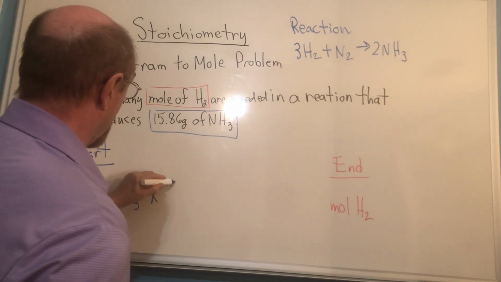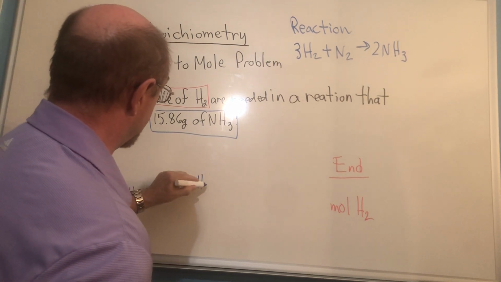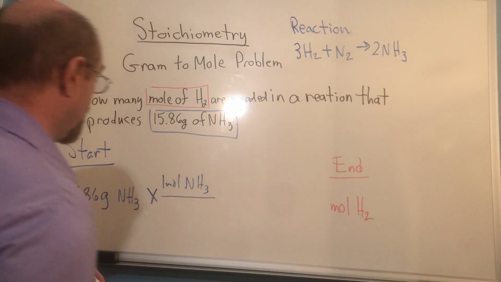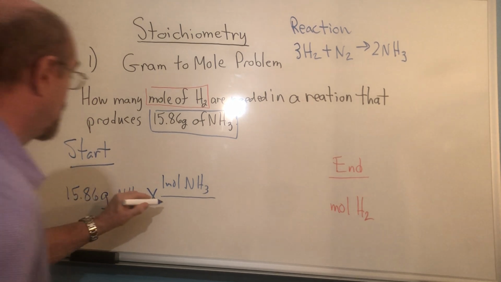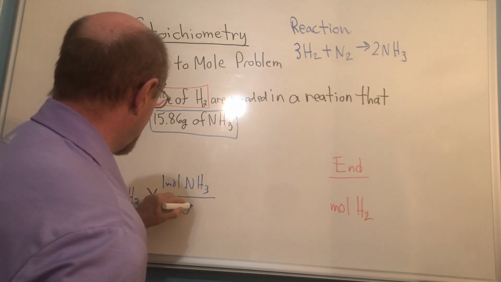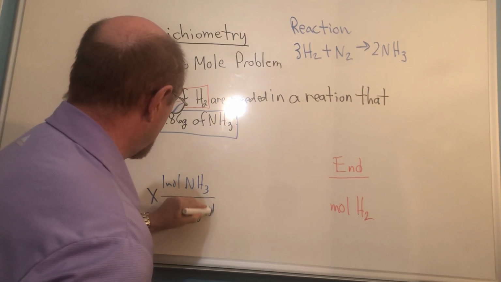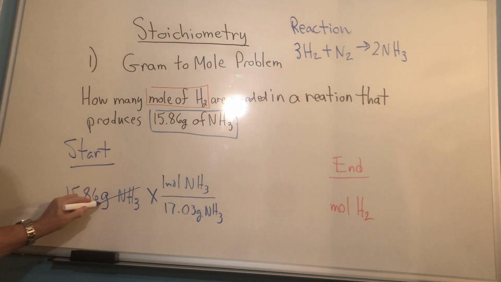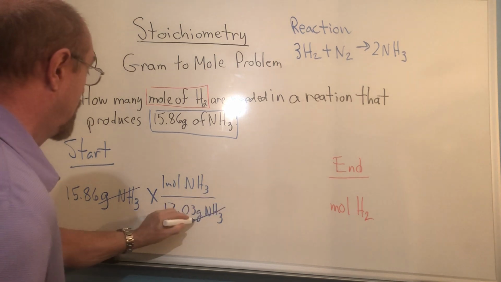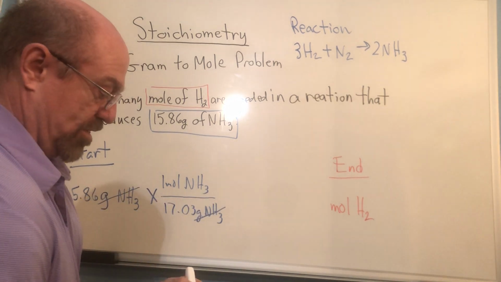So for every 1 mole of ammonia, and I'm going to have to try to do this in my head, let's see, 14.01, 3.03, so it would be 17.03. So 17.03 grams of ammonia. That should be right. And so what that's going to do is convert our grams of ammonia to moles of ammonia.